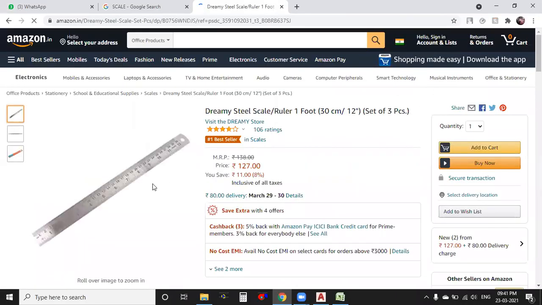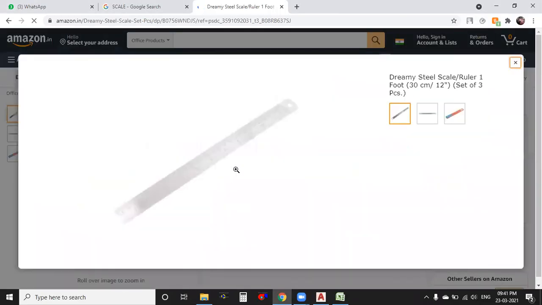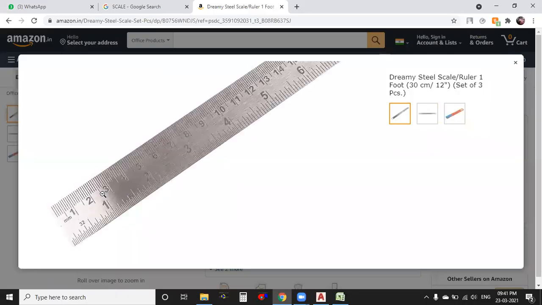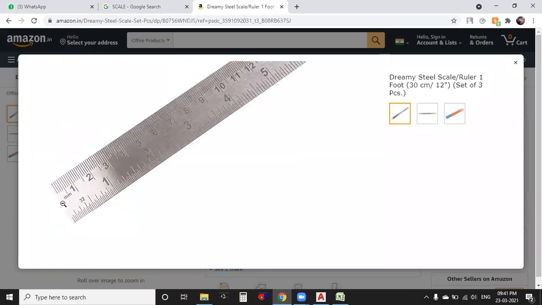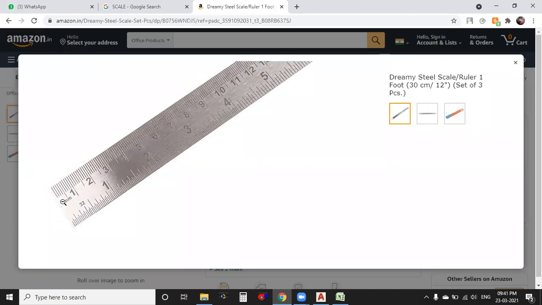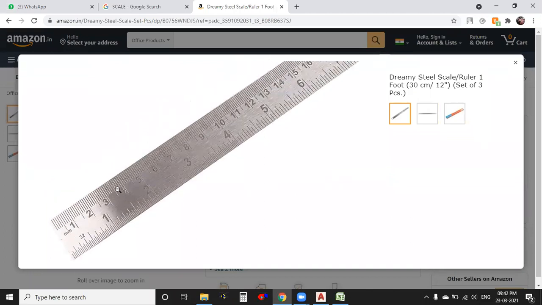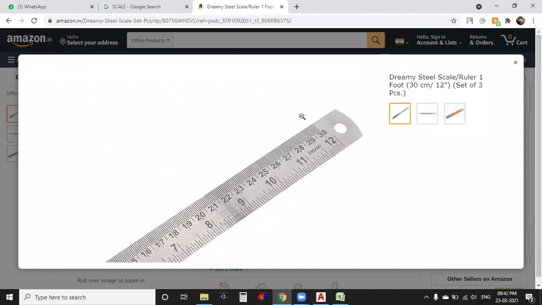I'll take this one. The scale you can see, right? Here you can see millimeters. It starts from 1, 2, 3, 4, 5, 6 until 30.